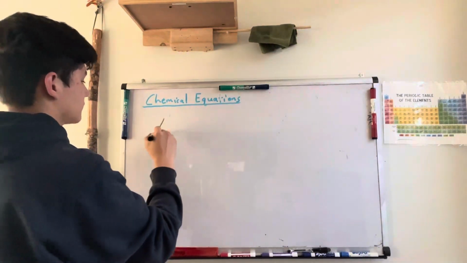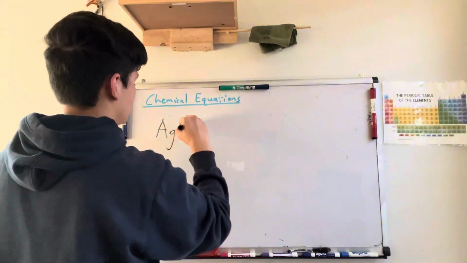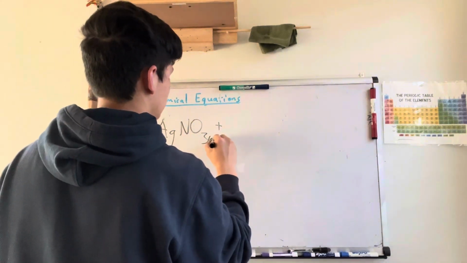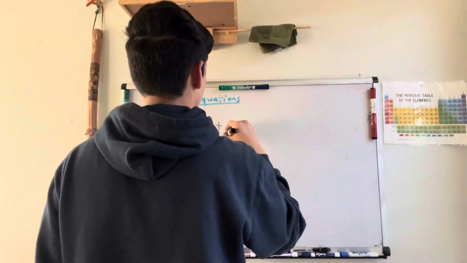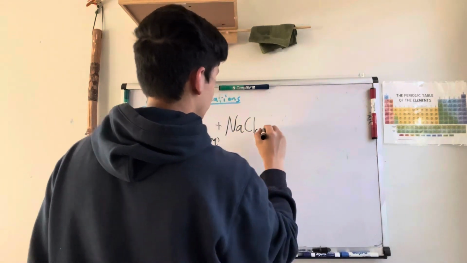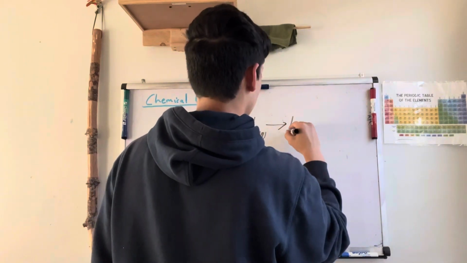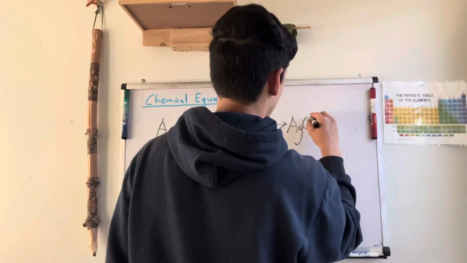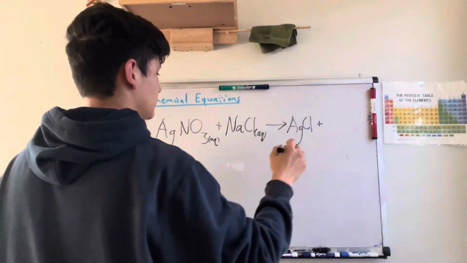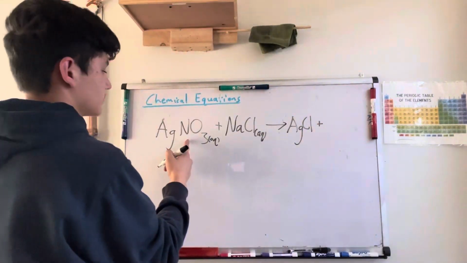All right, so for our first example, we take silver nitrate, which is soluble, and we combine this with sodium chloride, which is also aqueous, and out comes silver chloride, and silver's in the one state here because it's in the +1 state as well.